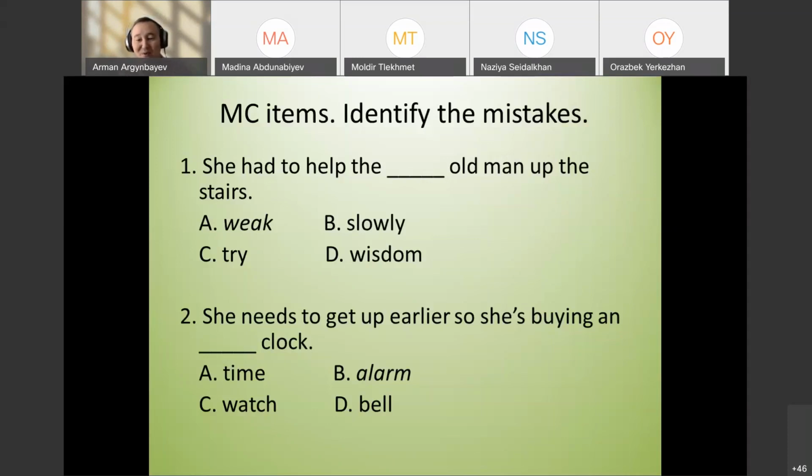Okay. Second one. She needs to get up earlier, so she is buying an alarm clock. Easy to find the answer. Why is it easy to find, Albina? It is easy to find an answer, yeah. Synonym. Article, exactly.